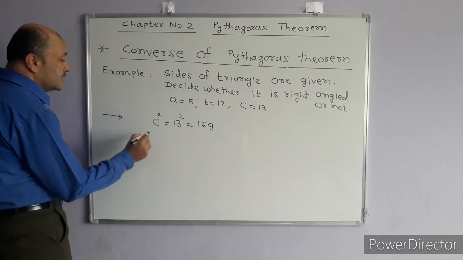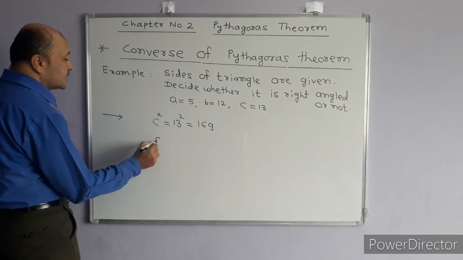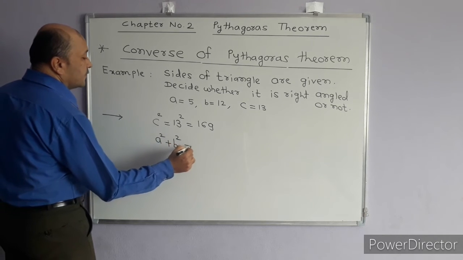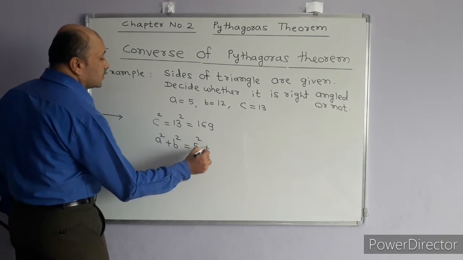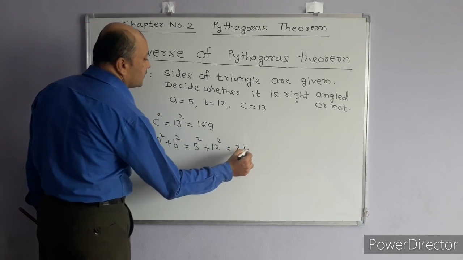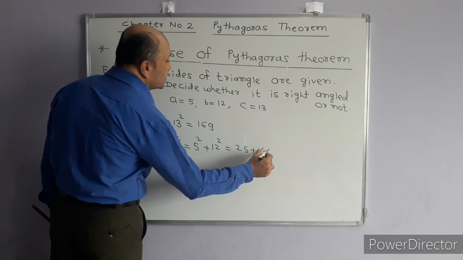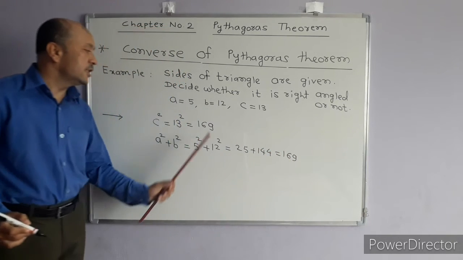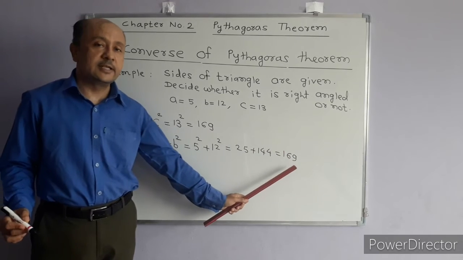Then make the squares of the other two and add them. So it is A square plus B square, that is 5 square plus 12 square. 5 square is 25, 12 square is 144. The addition of these is 169. So we get 169 here and we got 169 here.